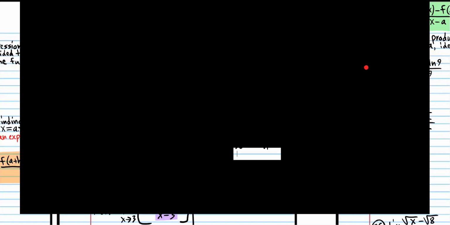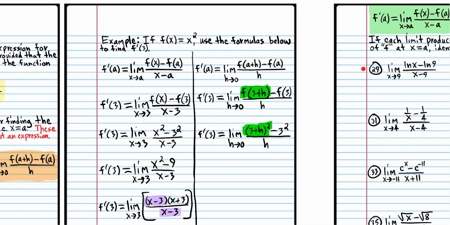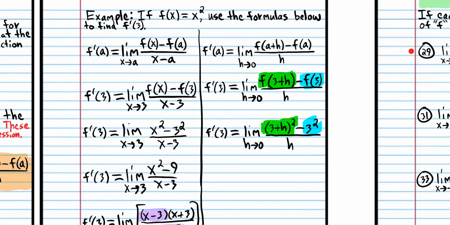And so f of 3, that became that. So now we just have to find the limit. And again, we'll use algebraic manipulation. We could use L'Hopital's rule. So in this example, we're going to expand.